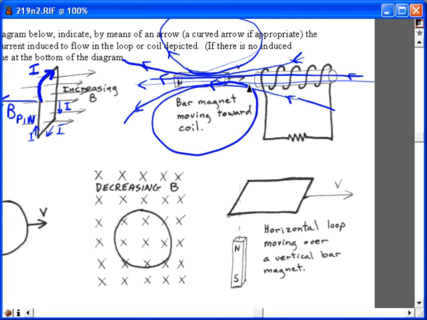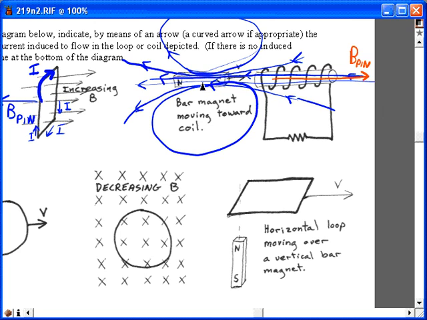So what we've got, our change in the magnetic field through the coil, is an increasing number of leftward directed magnetic field lines. Alright, increasing number. To fight that, B pin has got to be in the exact opposite direction to cancel out some of those newly appearing leftward directed mag field lines.